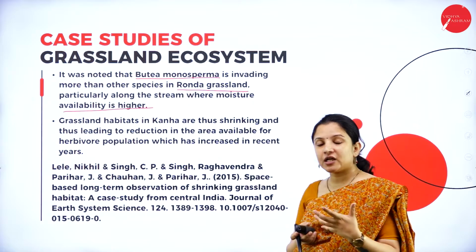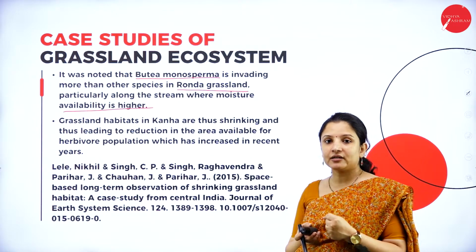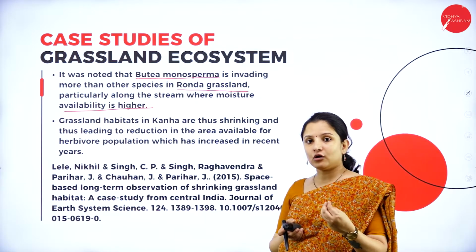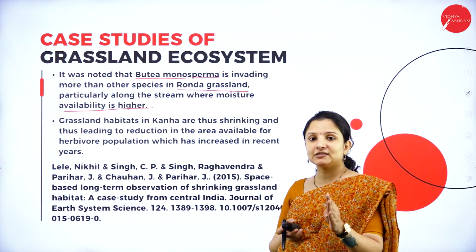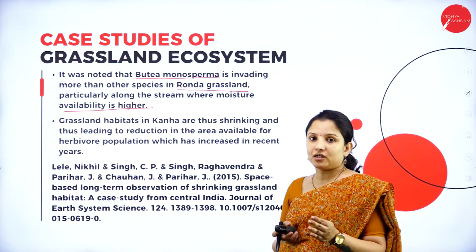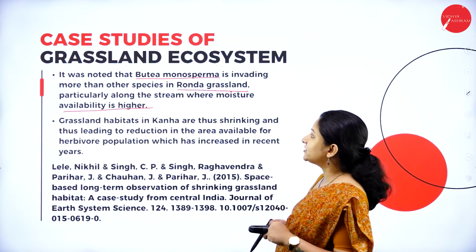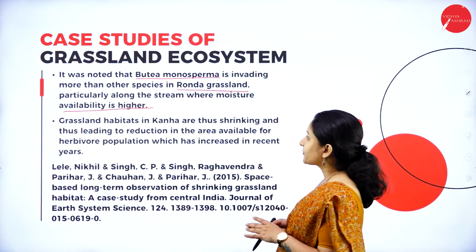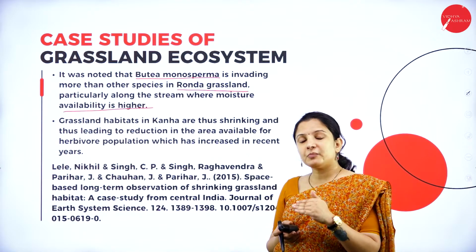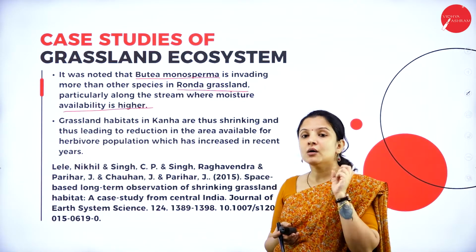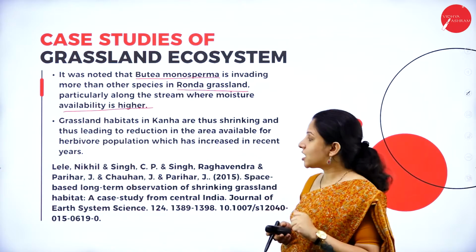That is what they found from the past 50 years of data: the grassland was decreasing and one species of tree, called Butea monosperma, was occupying that area. Why was grassland decreasing? Because Butea monosperma was occupying those areas wherever moisture availability was quite high.